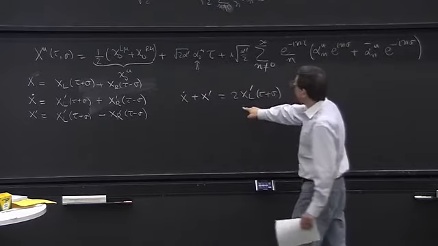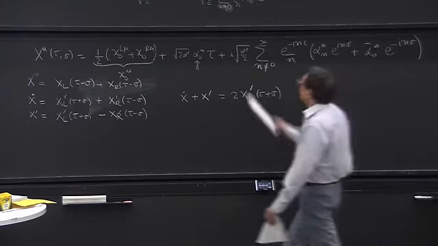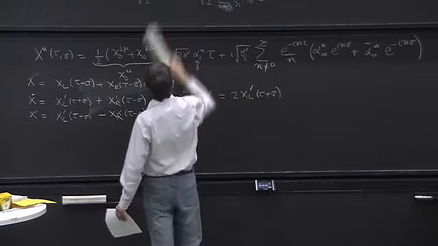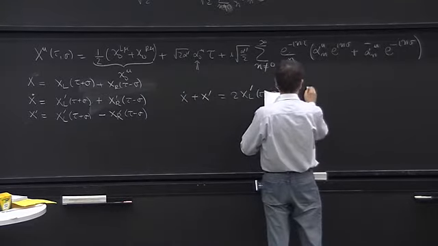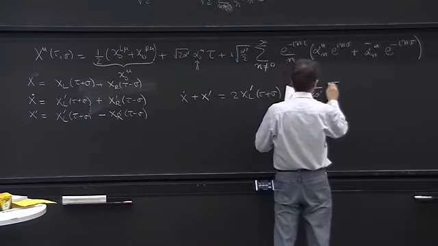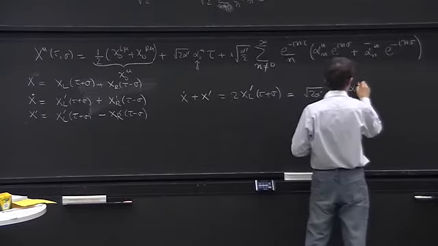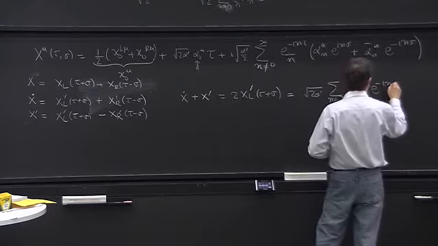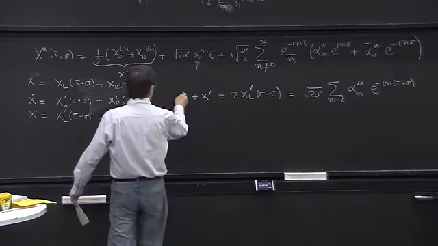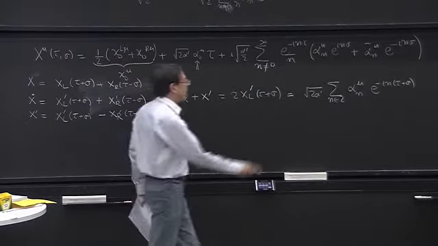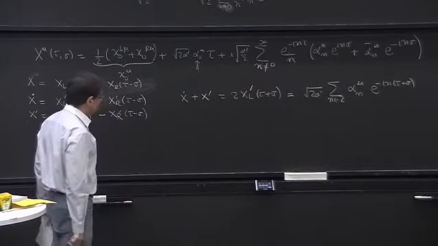And that's the 2 that is responsible for this square root of alpha prime over 2 that we have there, because now this is square root of 2 alpha prime, sum over n, all n's, alpha n mu e to the minus i n (tau plus sigma). So X dot plus X prime looks exactly like in open string theory, where we had this formula.